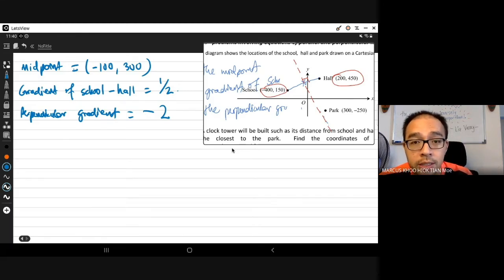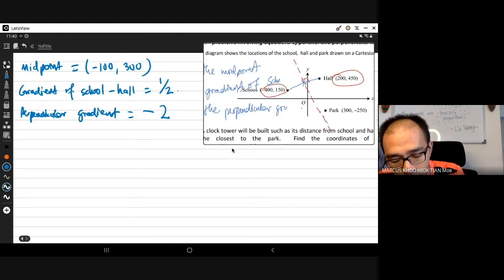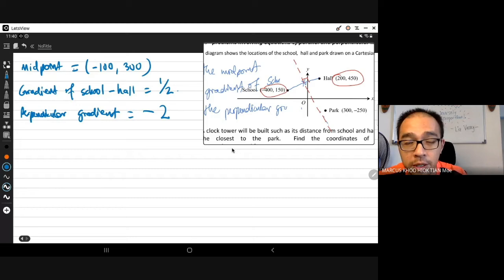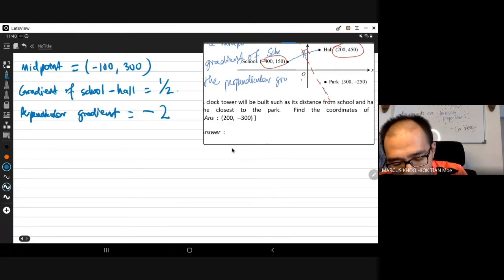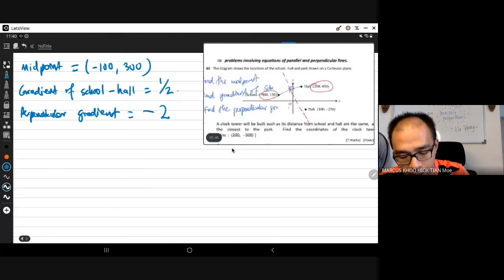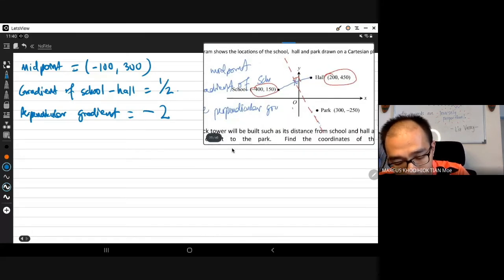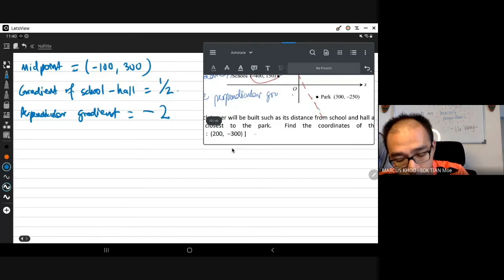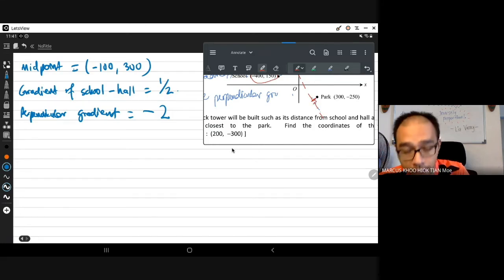Because now the question says that we need to build a clock tower that is the same distance from the school and the hall and is the nearest to the park. Now if you think about this, nearest to the park, there's only one situation where they will allow you to be nearest to the park, which is if you are perpendicular to the park, over here.